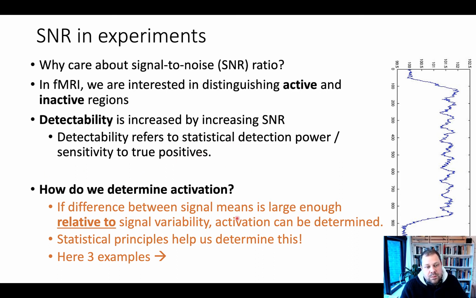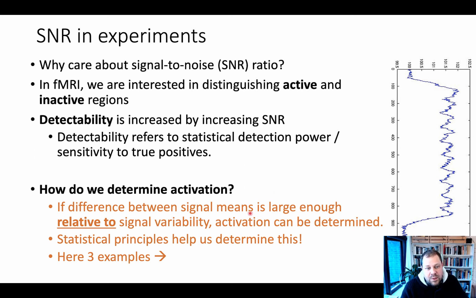But let's think briefly about how we determine activation. Activation is the difference between signal means when the task is on relative to when the task is off. So we're comparing activation during the task to activation during the off task. And this difference obviously is compared to some standard deviation, just like in statistics.